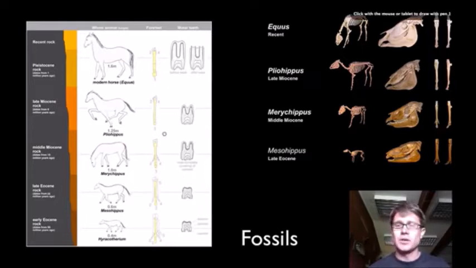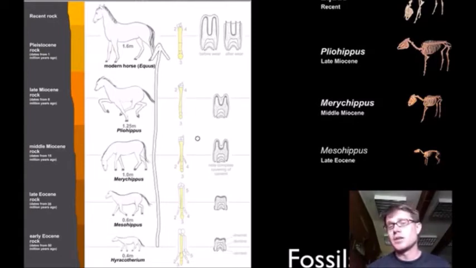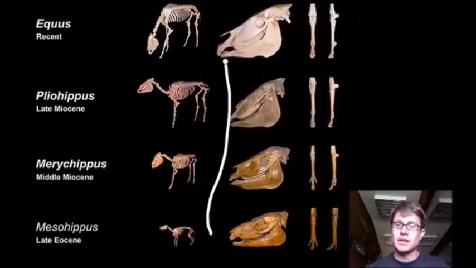A great example is horse evolution. Through time, horses have gotten larger and larger as their environment is changing, and we can see that growth reflected in the change in the fossil record. In other words, the teeth become flatter.